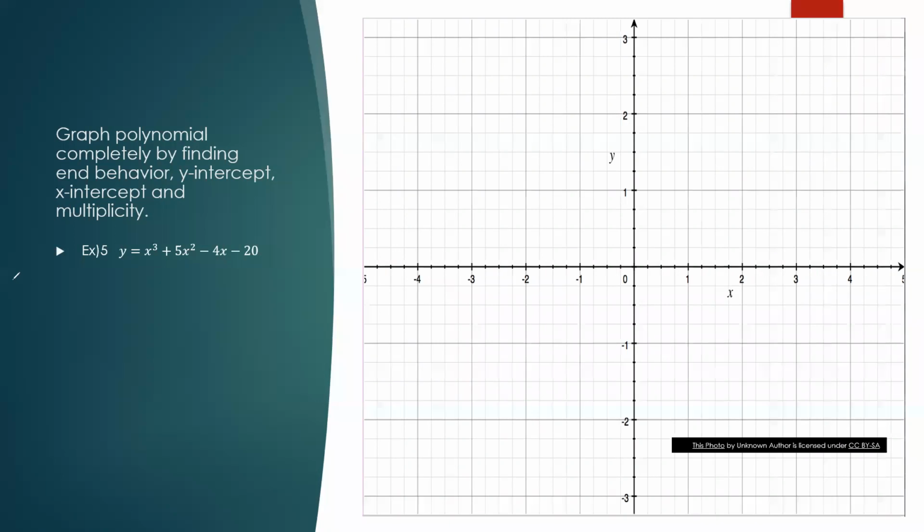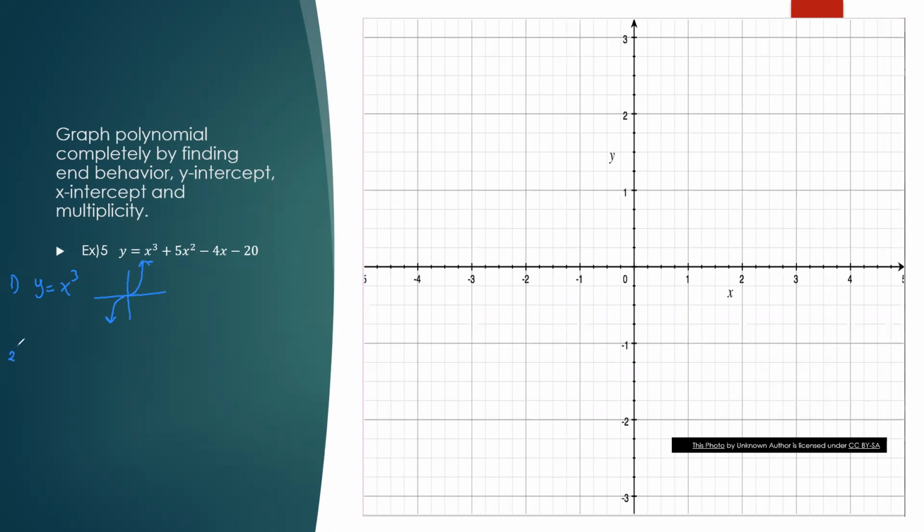So let's start with the end behavior. Our end behavior is the highest term, which is x cubed. It has a power of 3, so what that means is it rises to the right and decreases to the left, right? And yeah, so that's what it is.